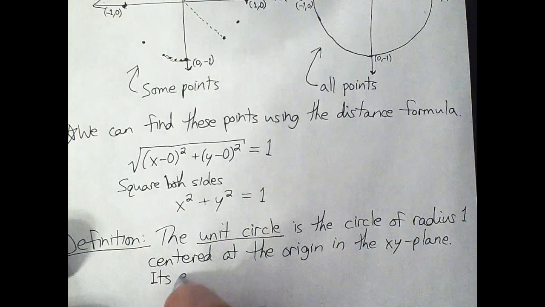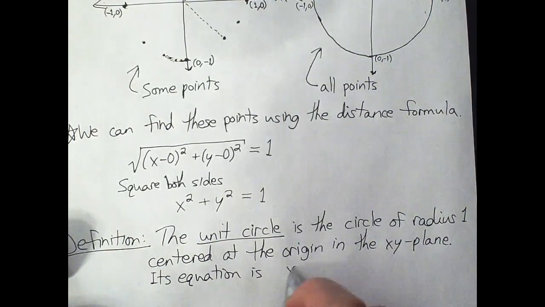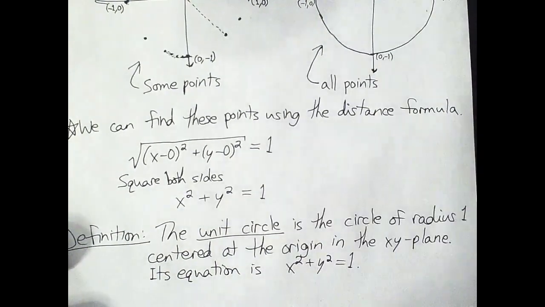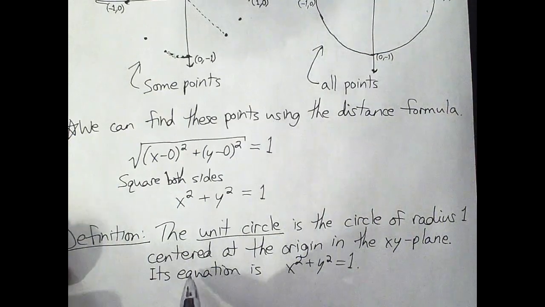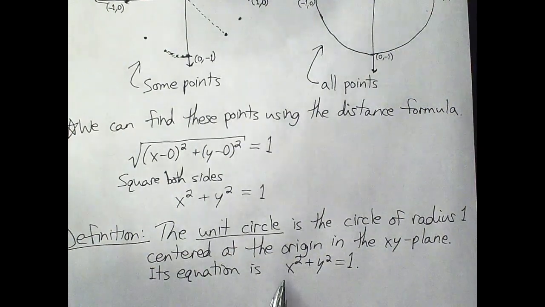Its equation is x squared plus y squared equals 1. So the unit circle is the set of all of these points that make up this shape. And all of the points that make up this shape satisfy this equation, x squared plus y squared equals 1. That's why we call it the equation of the circle.